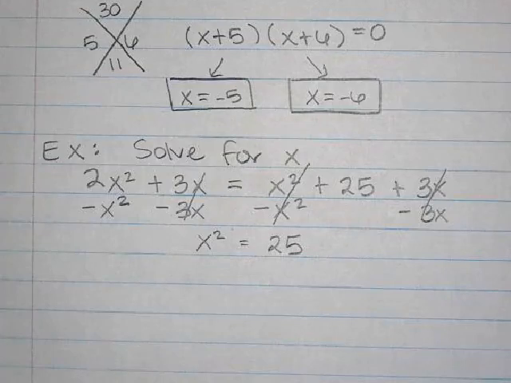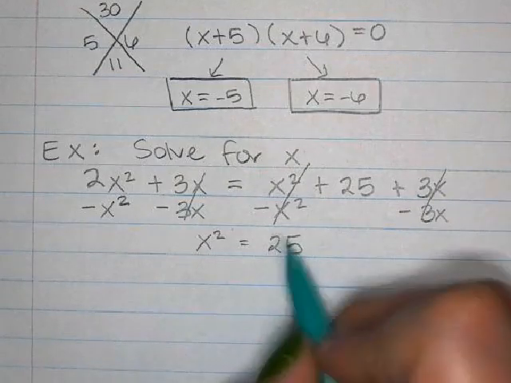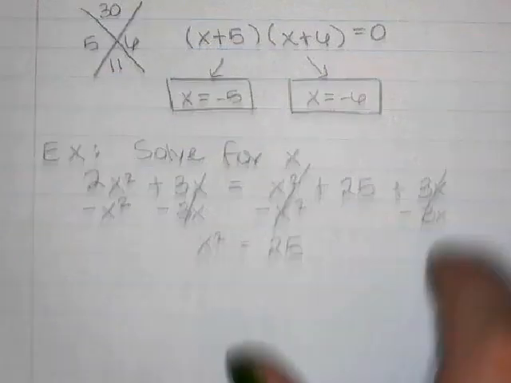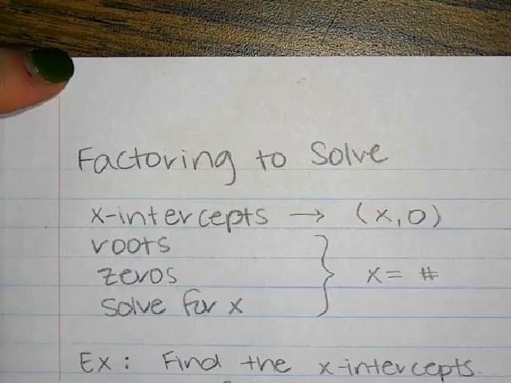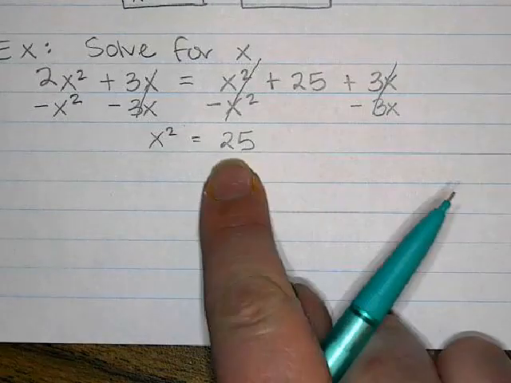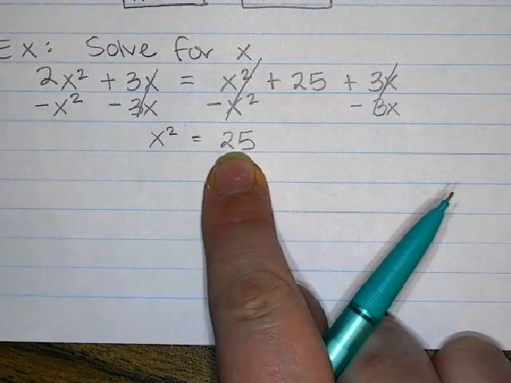We know how to solve this, right? Okay, now look back at the title of the notes, factoring to solve. Okay, factoring to solve. Do we still want to leave the 25 over here if we're factoring to solve?